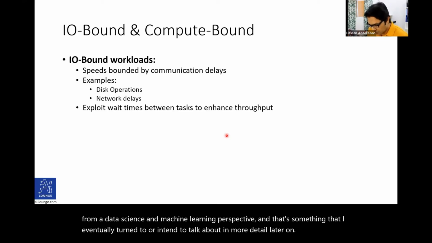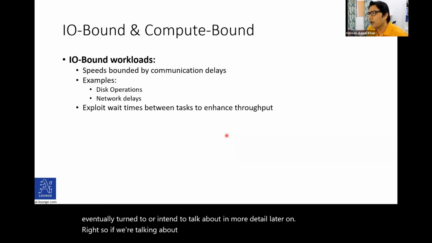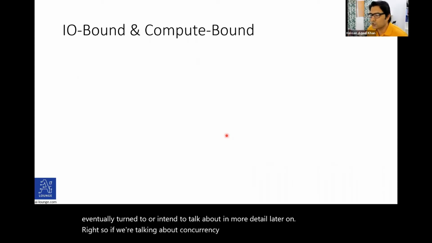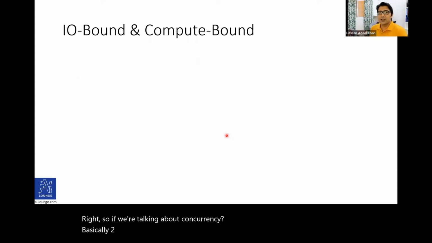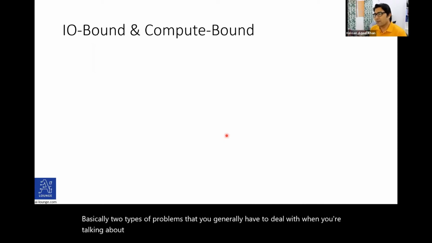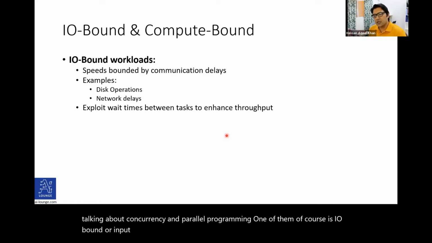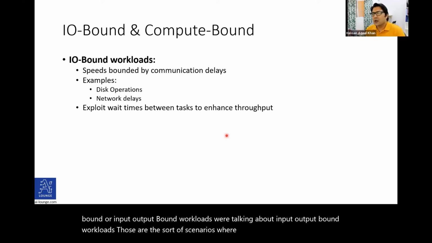Right, so if we're talking about concurrency, there are basically two types of problems that you generally have to deal with when you're talking about concurrency and parallel programming. One of them, of course, is IO bound, or input-output bound workloads. Those are the scenarios where your speeds are bounded by communication delays.